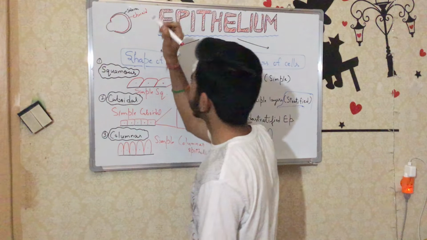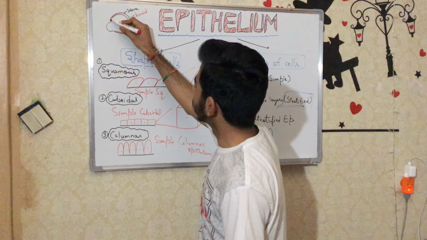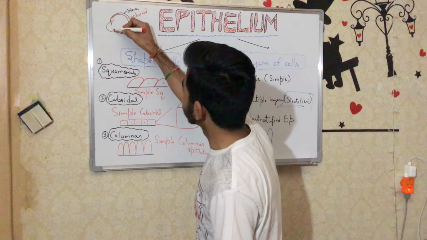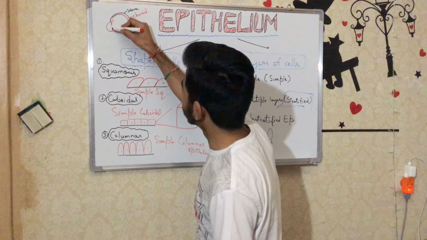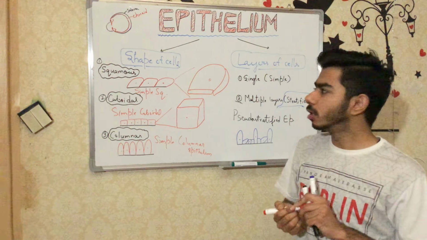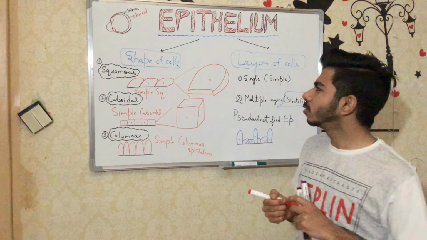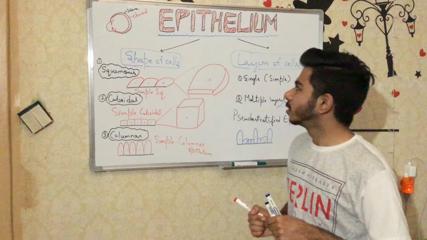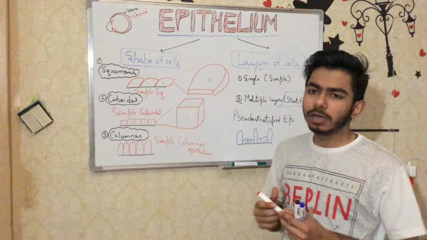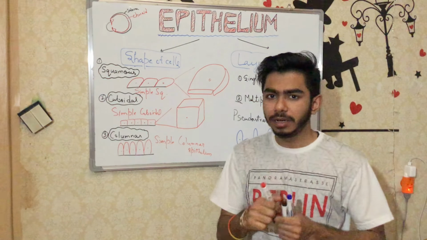The choroid layer continues into the ciliary body, and this continues into the iris. This is part of the uveal tract, the uvea, which consists of the iris, ciliary body, and the choroid. I'm not going into the detail of the eye, but just remember that in the choroid layer we have simple cuboidal epithelium, also the pigmented layer of the retina.